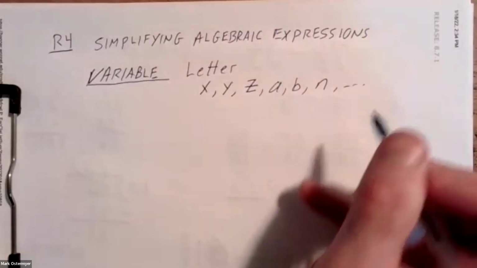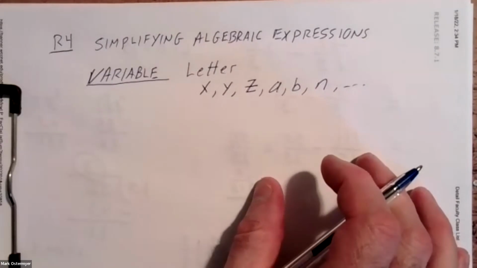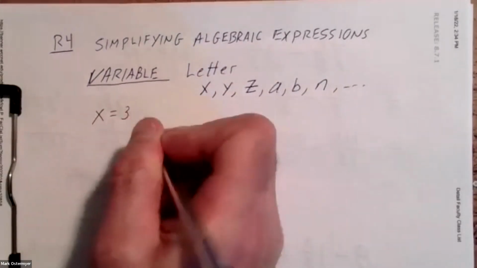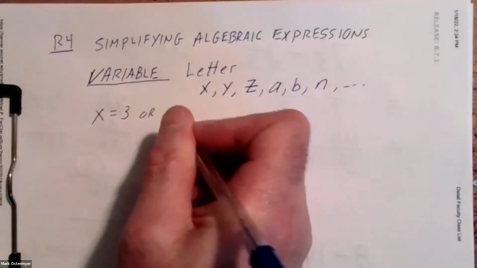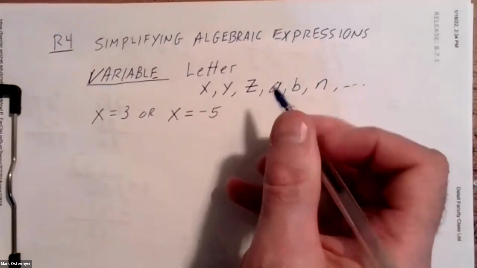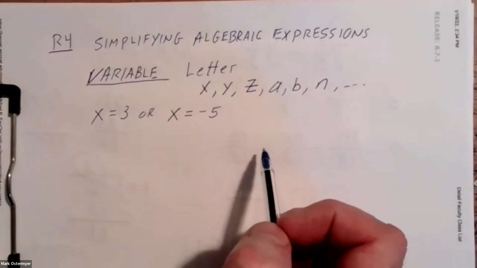But any letter could be a variable. Nice thing about a variable is that it can be assigned any numeric value. For instance, I could let x be equal to 3, or I could change my mind and let x be equal to like -5. So a variable could be assigned any numeric value.